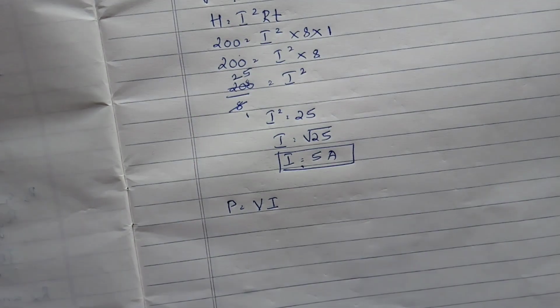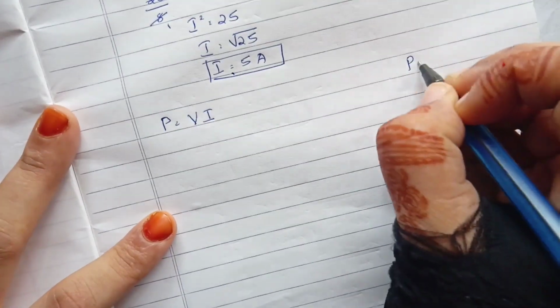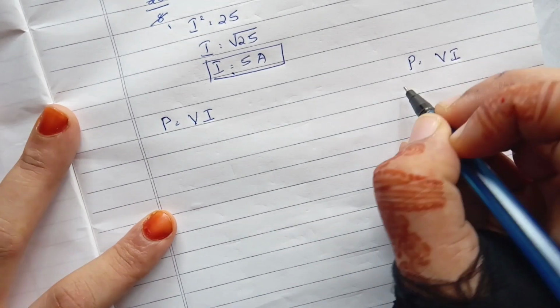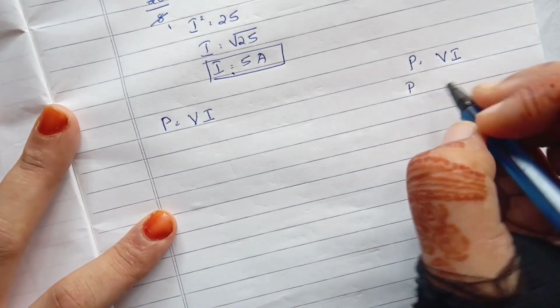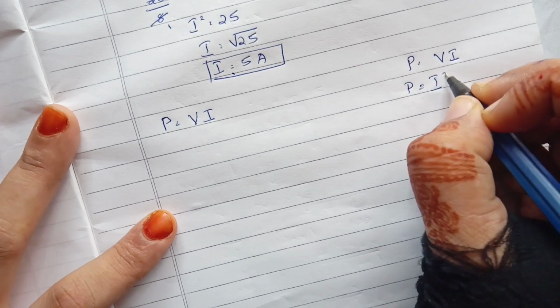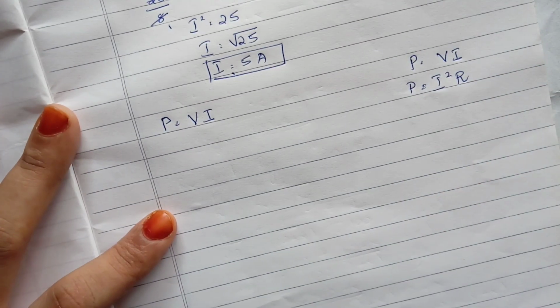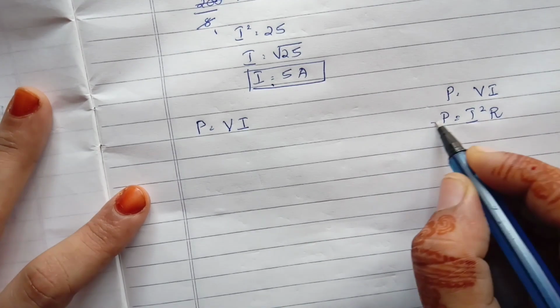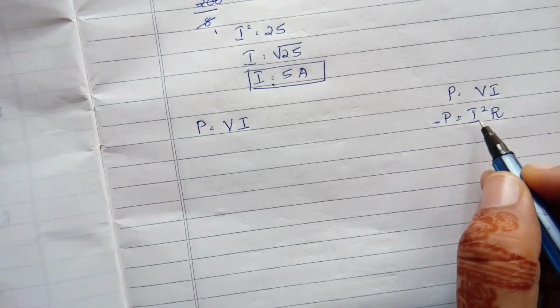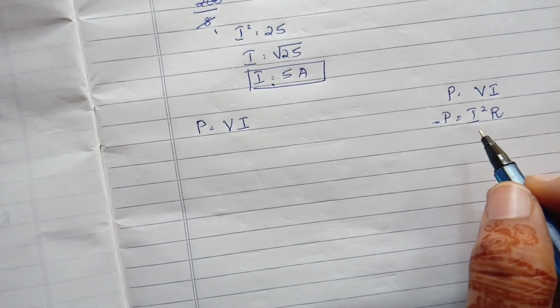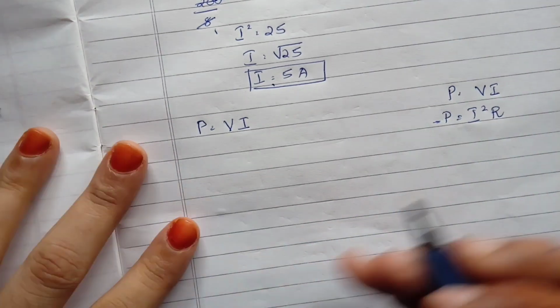See here, the formula for P is V into I. Other than this, we also have another formula, that is P is equal to I square R. So I'm going to use this other formula to solve for P, and then I'm going to solve for V.